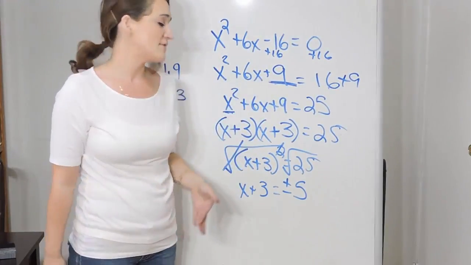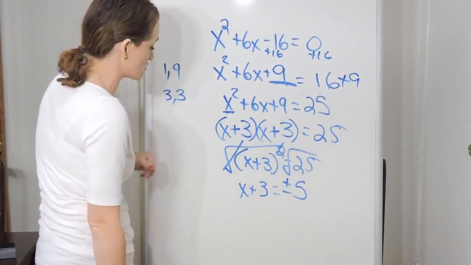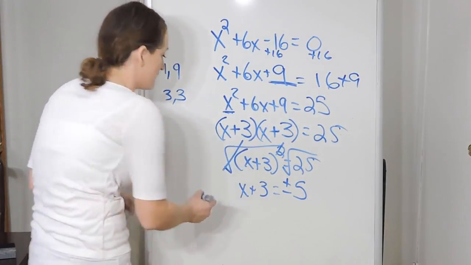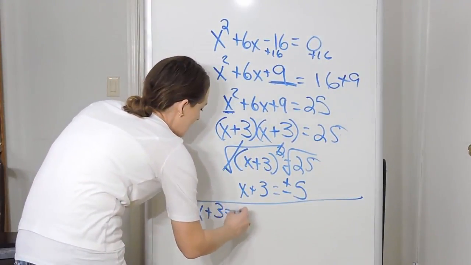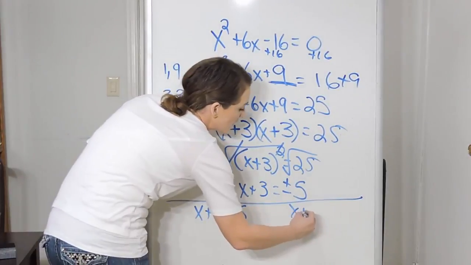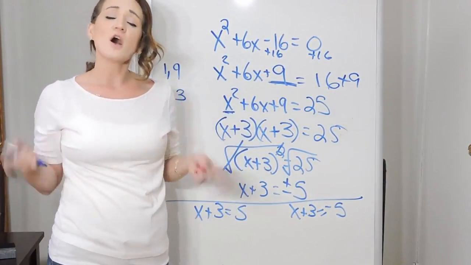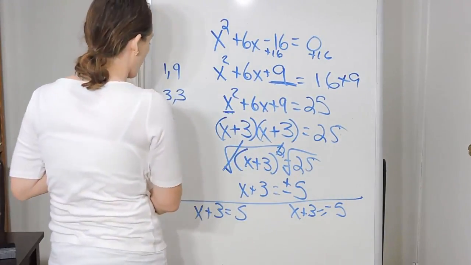Remember, 5 times 5 is 25, but negative 5 times negative 5 is also 25. So we're going to want to solve both of those equations: x plus 3 is equal to 5, and x plus 3 is equal to negative 5. Those would be the two solutions to our problem.